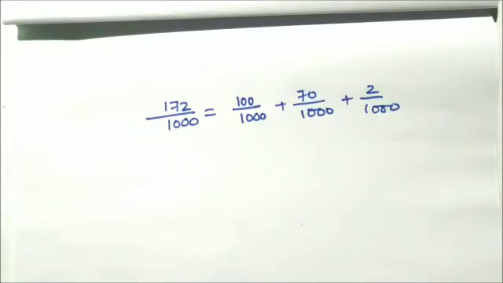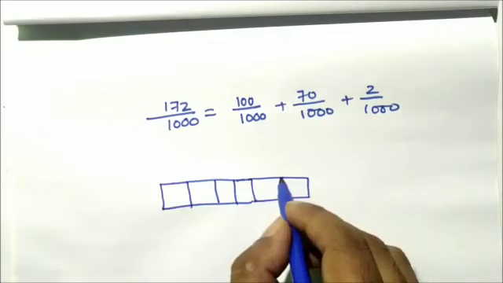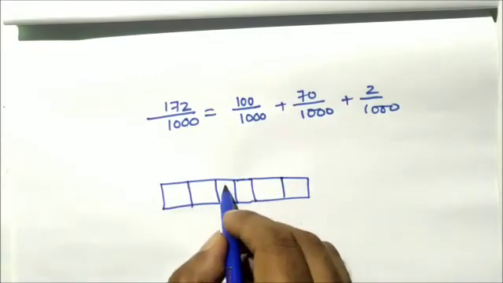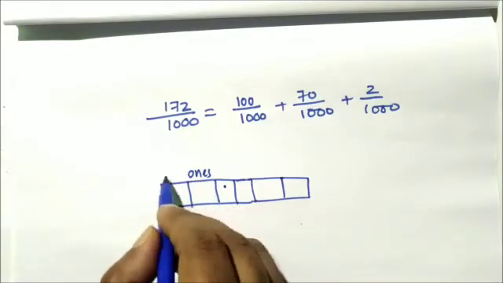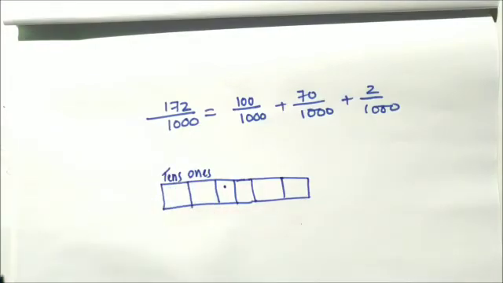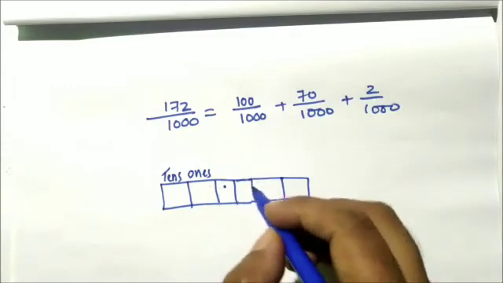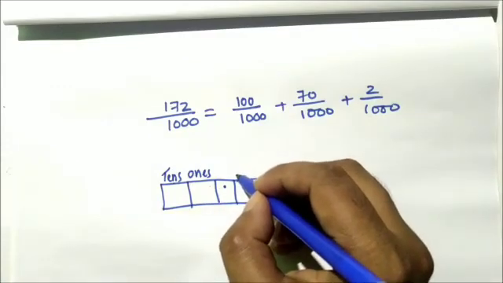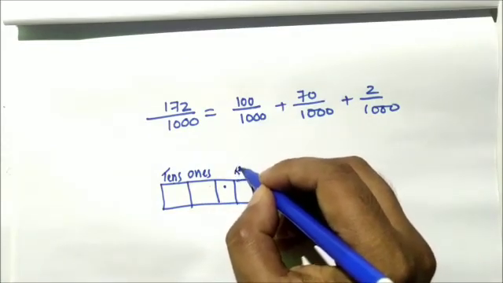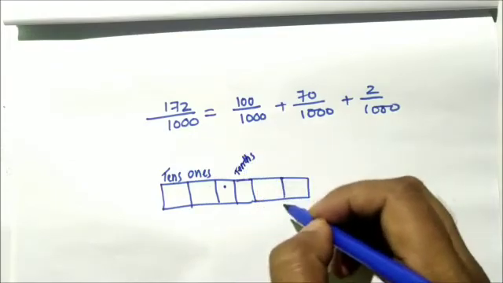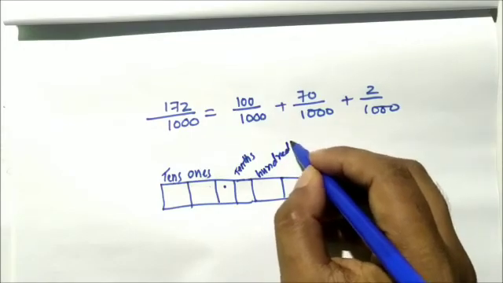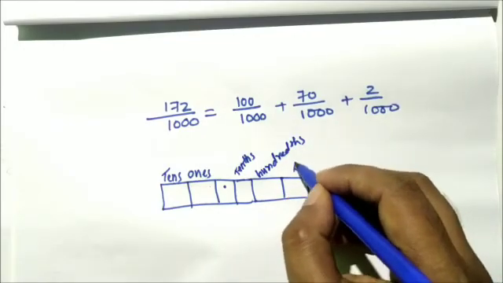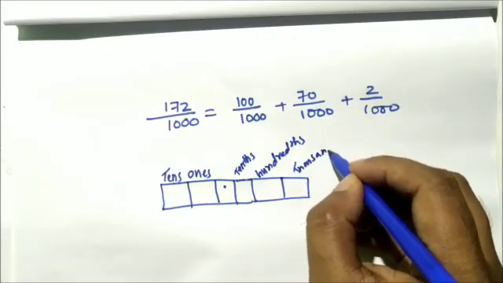Correct? Also one more thing about the place value system. Say here it is the point, right? It is the place of ones, it is the place of tens, and just after the point it will be the place of tenths, hundredths, and thousandths.